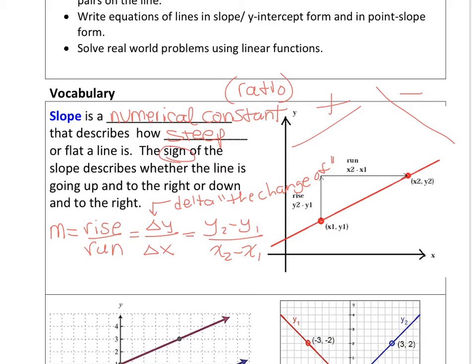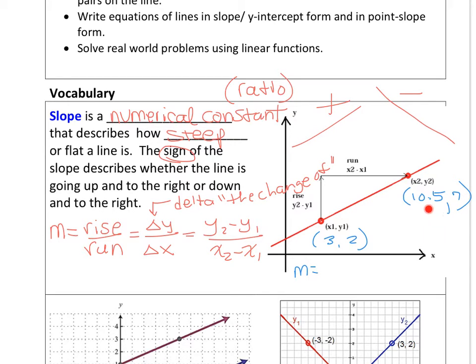So if I had an example here, maybe I'm just going to make up some numbers. If x sub 2 is 10.5, and y sub 2, I'm going to say 7, and let's say x sub 1 is 3 and y sub 1 is 2, then if I wanted to find the slope, I would say my rise is the change between the y coordinates.